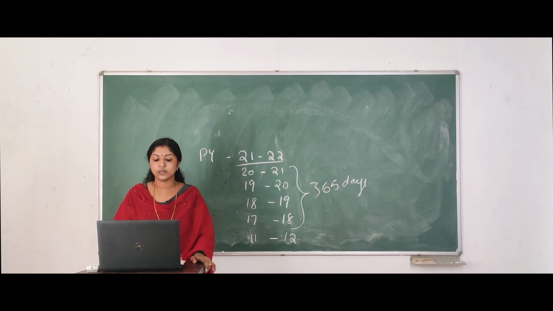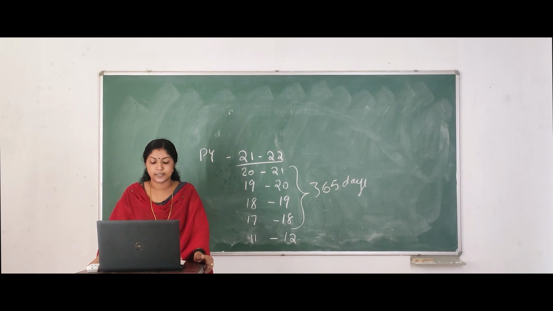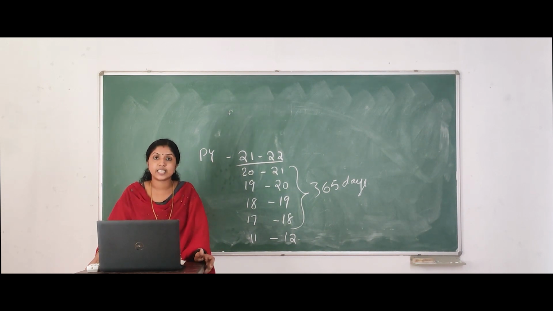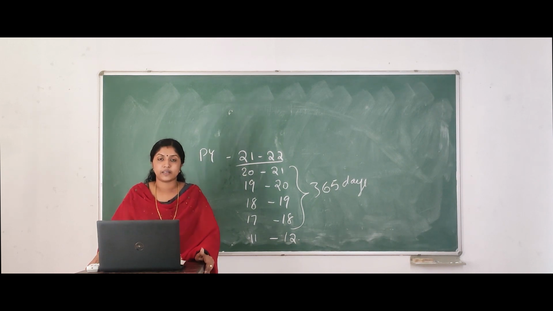So today in class we have discussed the residential status of an individual, mainly the basic conditions and additional conditions at the time of determining the residential status of an individual. The first basic condition is that an assessee is in India for a period of 182 days or more. The second basic condition is that an assessee is in India for a period of 60 days or more and for a period of 365 days in the 4 years preceding the previous year.